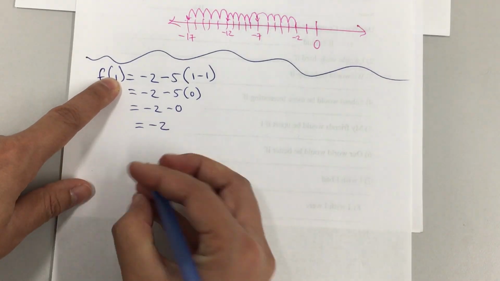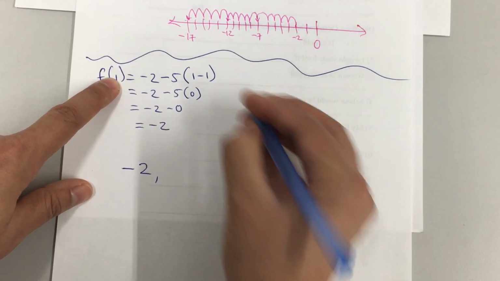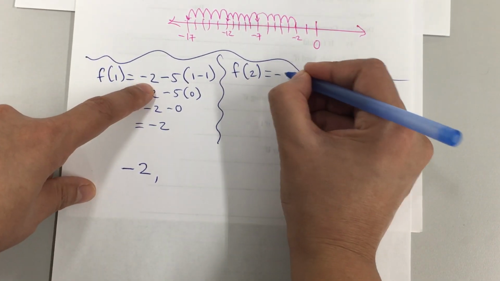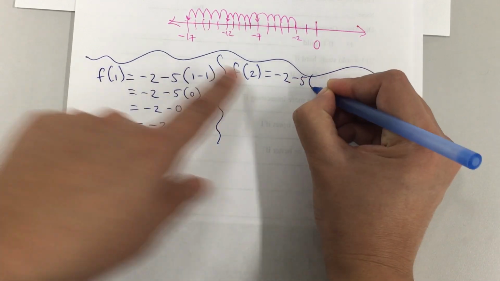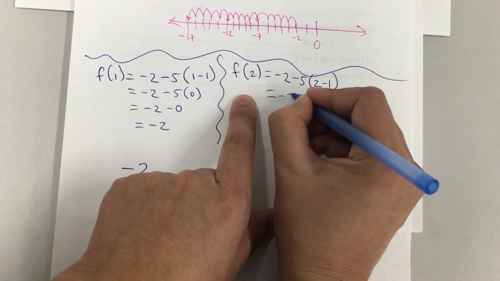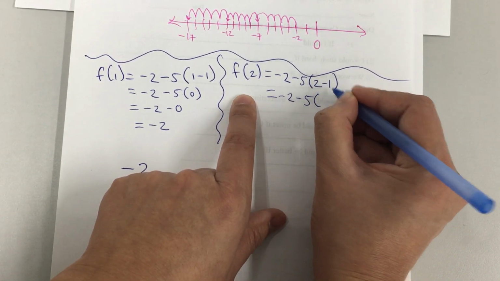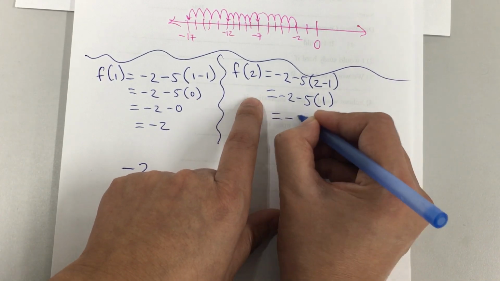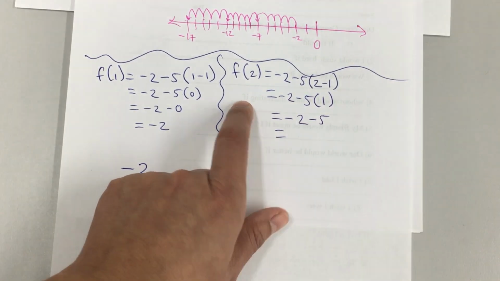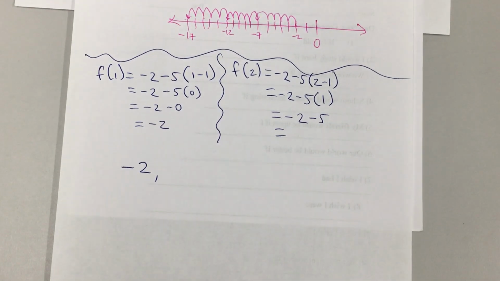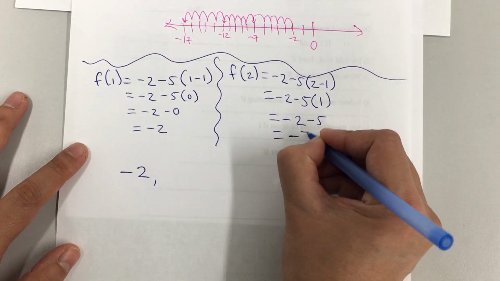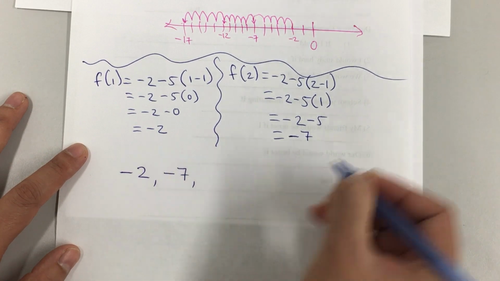Then I go to f of 2 equals negative 2 minus 5 times 2 minus 1, which is 1. Negative 2, and then negative 5 times 1 is negative 5, which means negative 2 minus 5 is negative 7. That's my second term.